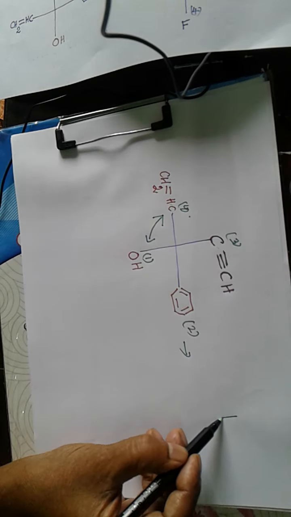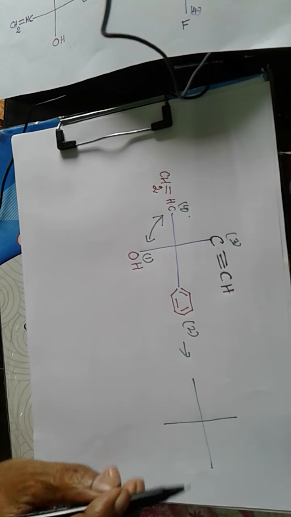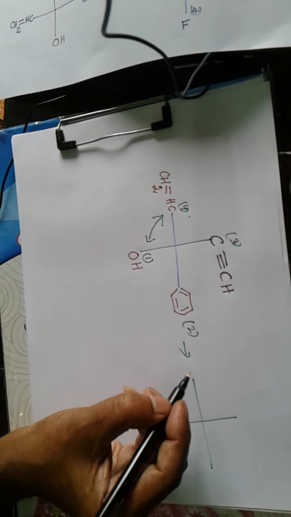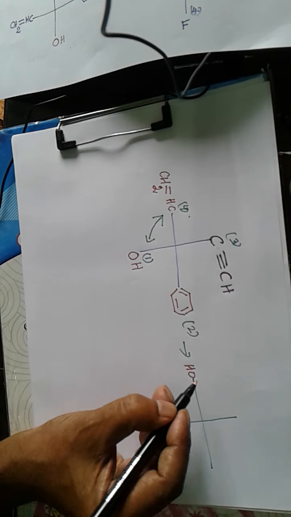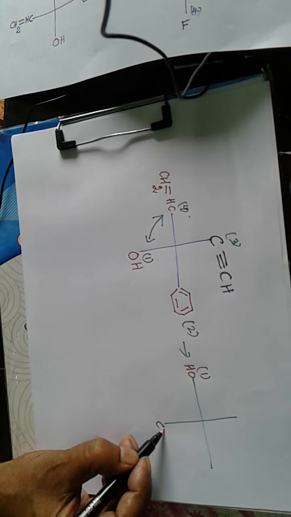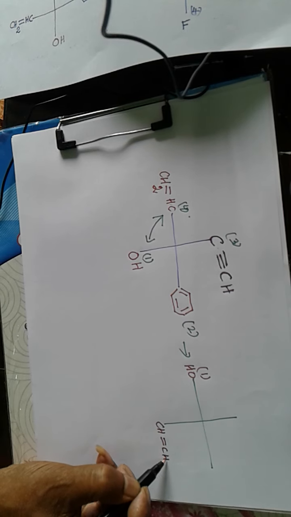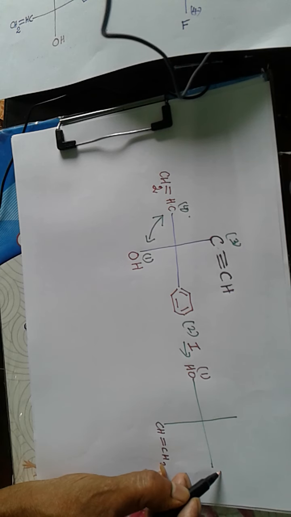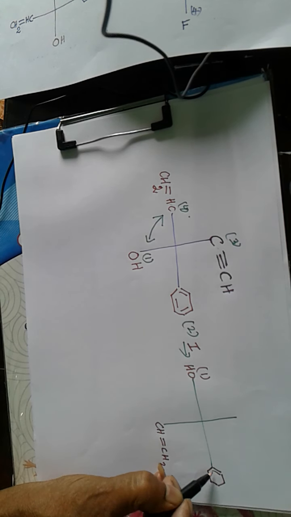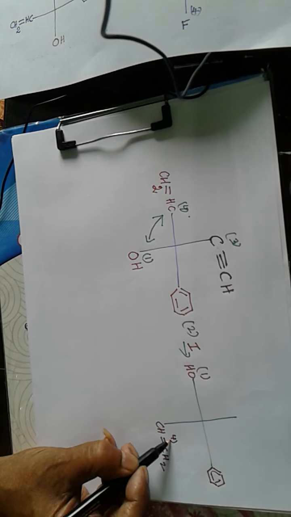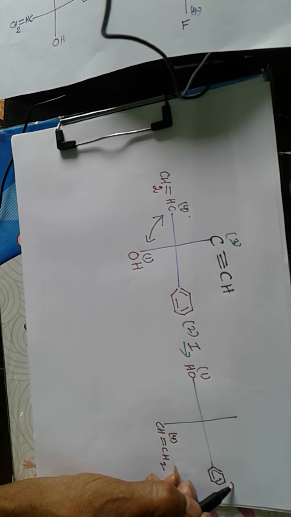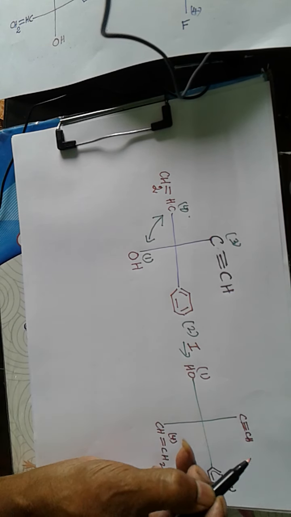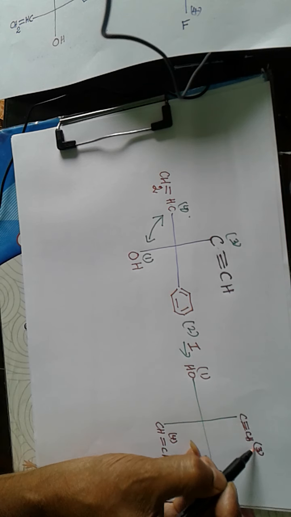During that interchange, we get OH here, that is preference 1, then CH double bond CH2, so interchange number 1, then phenyl with the preference number 2, and then C triple bond CH with the preference number 3.